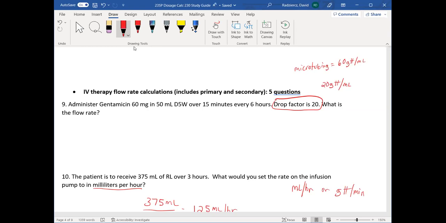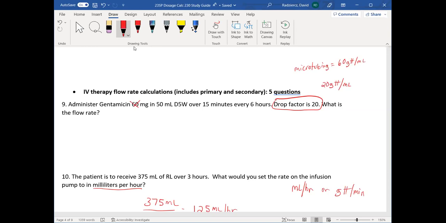The first thing that we don't need to know is we don't need to worry about the 60 milligrams. The reason is because when we're talking about flow rates, we don't really care about the strength. We just care about the rate at which it's flowing, okay? Thus the name flow rate, right?